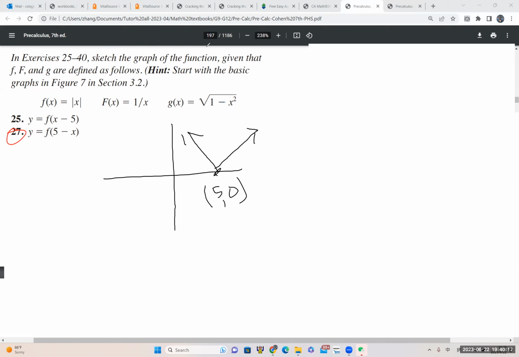Yeah, so if we talk about this absolute value function, right? Let me say sketching given basic graph. Yeah, starting from here to here, suppose you use transformation, right?